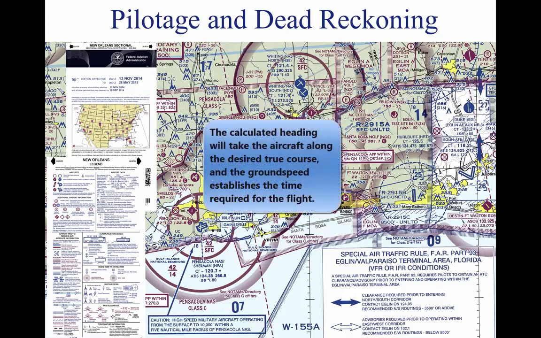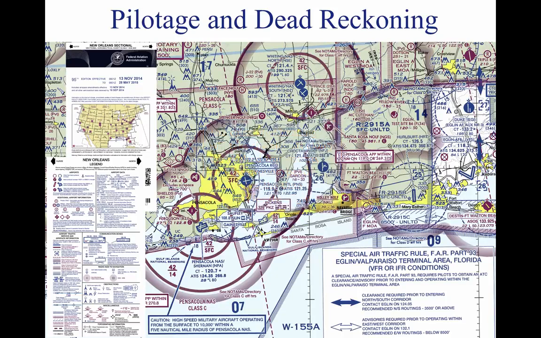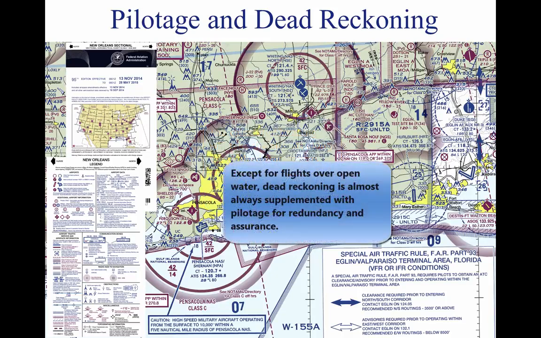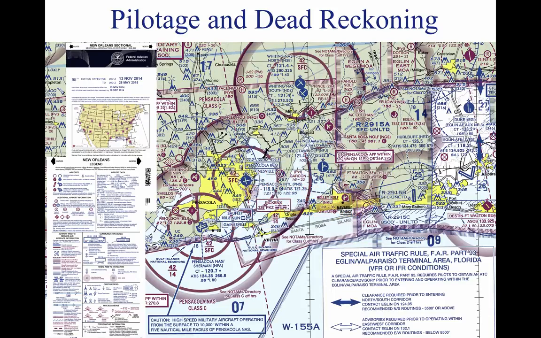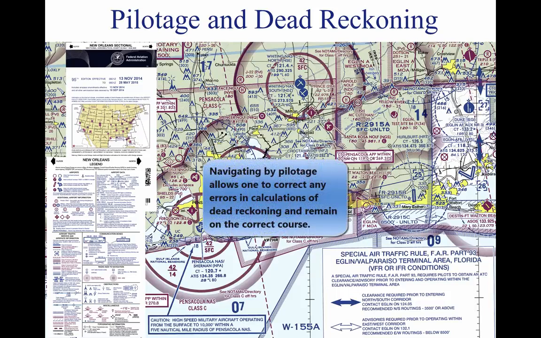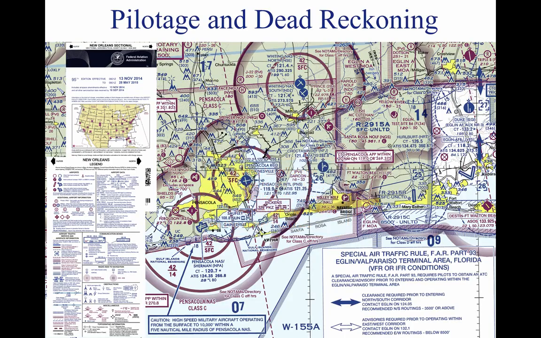The predicted heading takes the aircraft along the intended path, and the GS establishes the time to arrive at each checkpoint and the destination. Except for flights over water, dead reckoning is usually used with pilotage for cross-country flying. The heading and GS as calculated is constantly monitored and corrected by pilotage as observed from checkpoints.